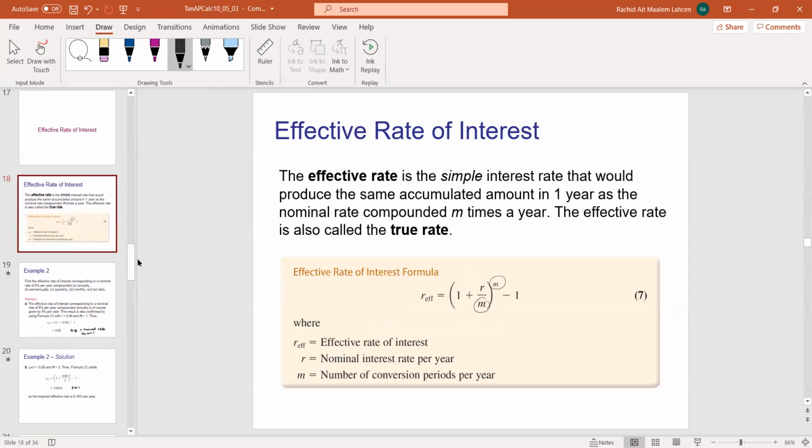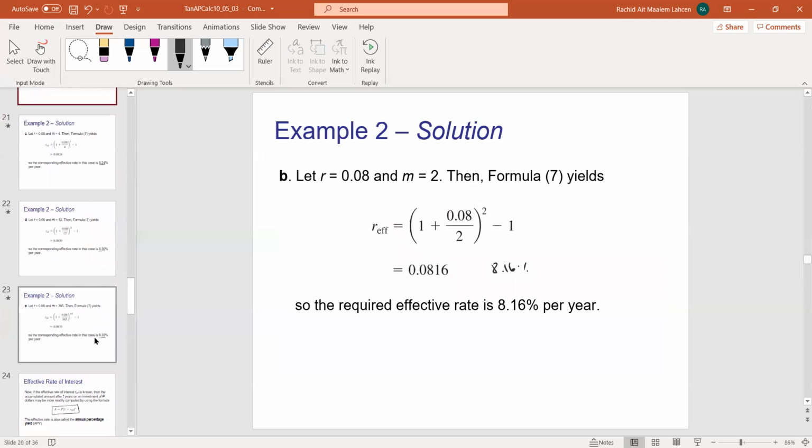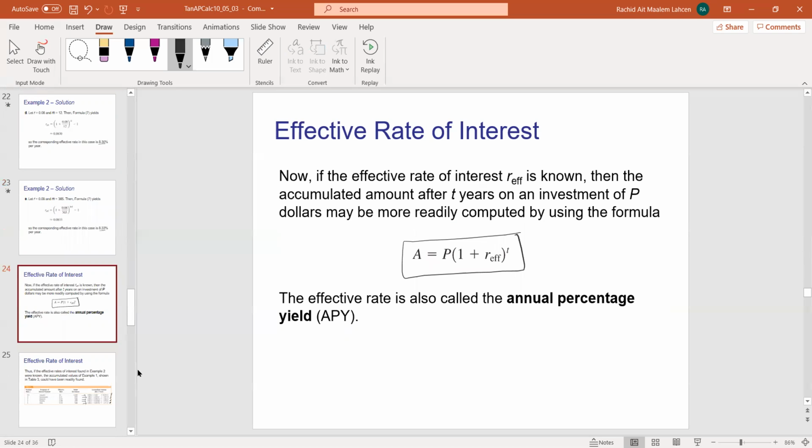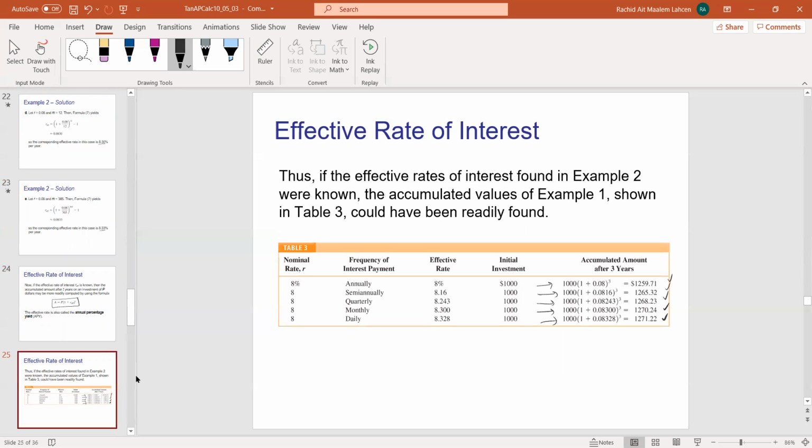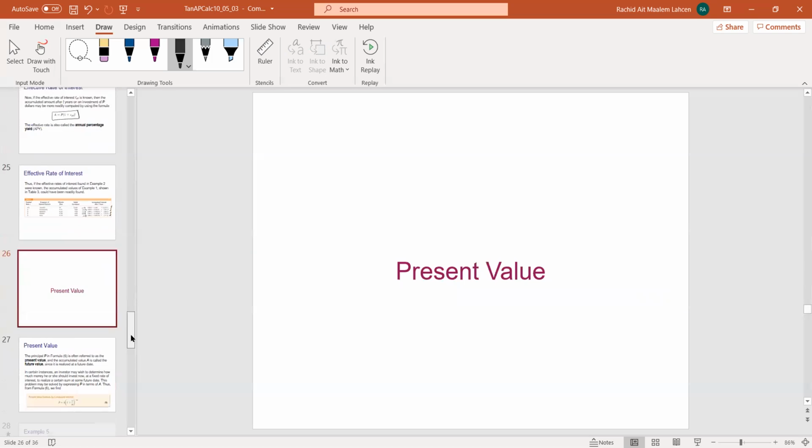Or you can find the effective rate, and you just use the regular interest formula, which is this one, just like the simple interest one, and you get the same numbers. Yeah, so the homework questions will be similar. Find accumulated, find the effective rate, find similar requests.